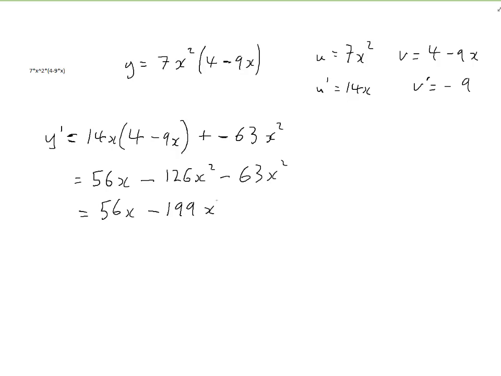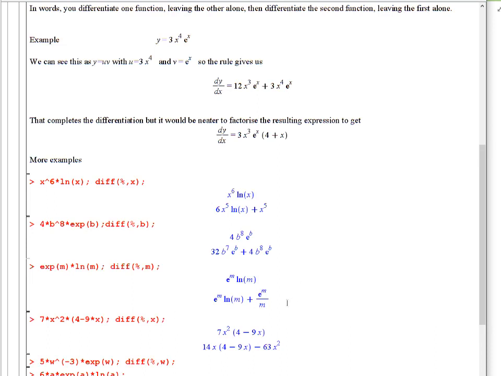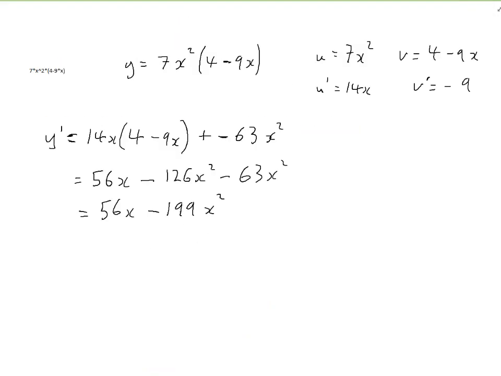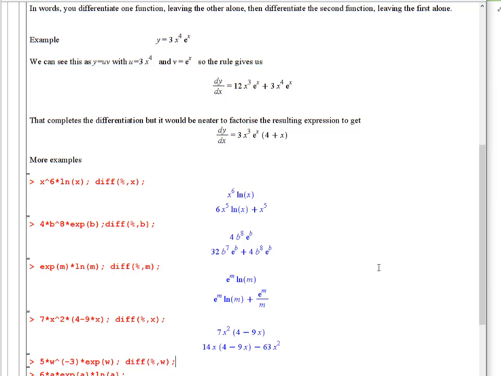Doesn't look at all familiar. I think I might have made a mistake here. Don't recognise that answer. Let's have a look and come back and see where the mistake was. Oh, it hasn't expanded it. Laziest thing you can get. Actually, looking at that sort of mistake, it is 189. Yeah, that's better. Okay, so that's differentiating that one with the product rule. Now onto the next of these.